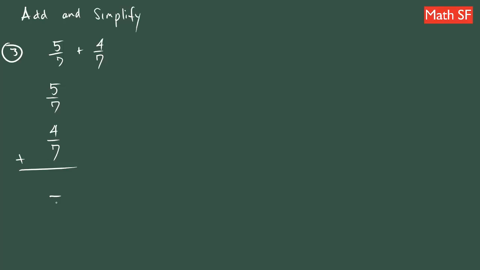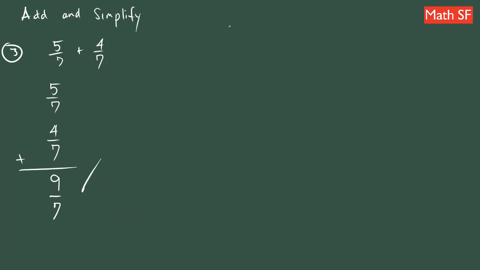We keep our same denominator and we add the numerators. 5 plus 4 is 9. And look at this, 9 is a 3 times 3, and you have a 7 there. There is nothing that you can cancel. Therefore, my final answer should be 9 over 7. That will be your final answer, because there was nothing that was able to be reduced.